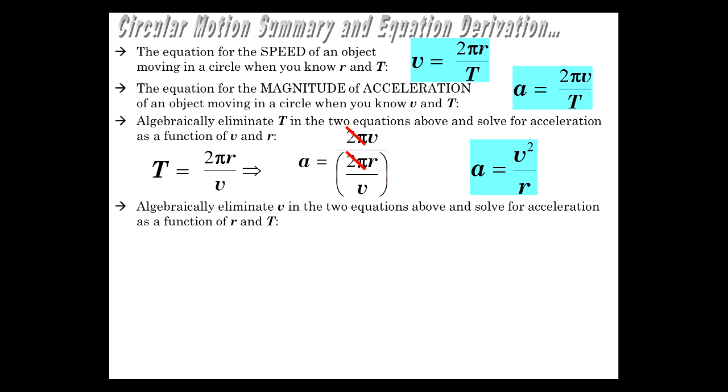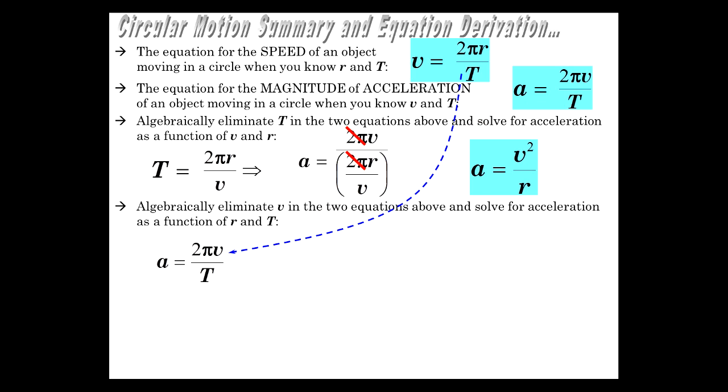Now we're going to eliminate v in the two equations above and have a formula for acceleration with r and t. Well, this is v, and so we can stick this result in for this acceleration. So I'm going to bring this down.